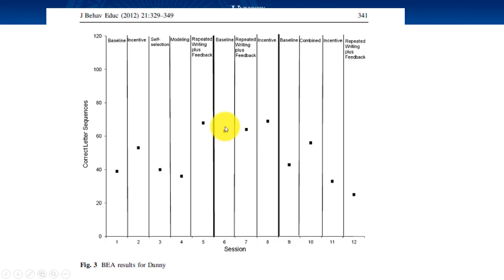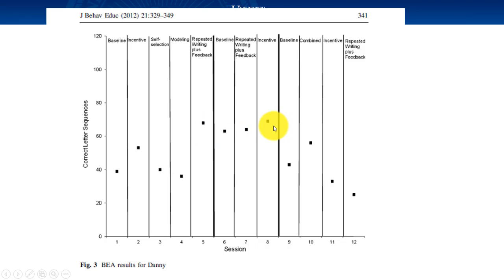So we don't have a consistent finding. We hope to find the experimental effect twice, both in the initial time and the withdrawal reversal, but here we only have it once. One time favoring repeated writing plus feedback, and the other time favoring incentive.